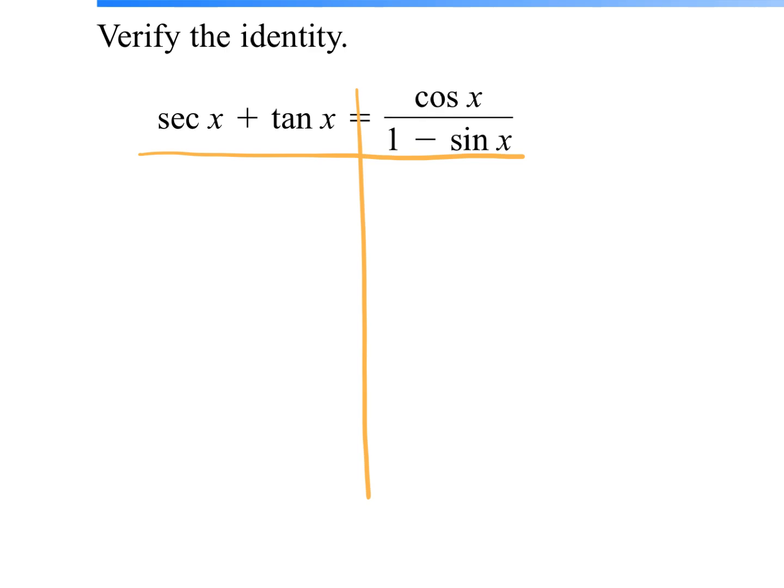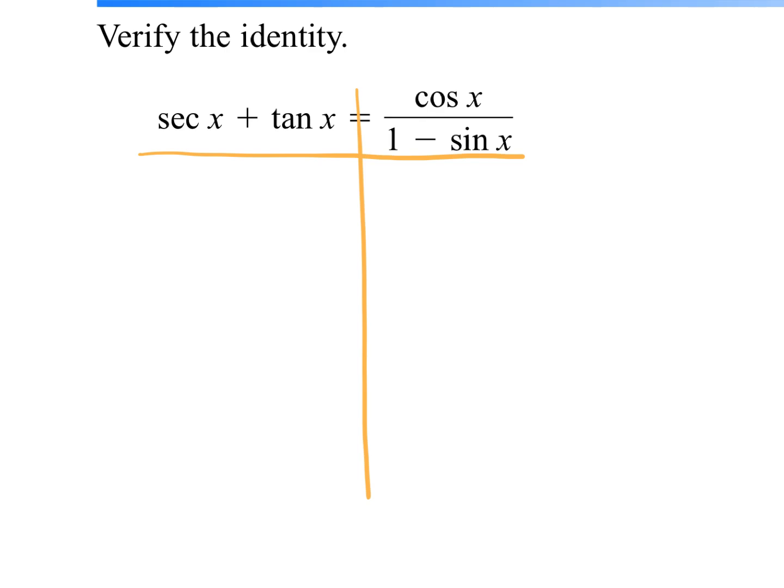I would maybe simplify the left just because on the left side we can change everything to be in terms of sine and cosine and simplify from there. So let's do the left. Again, there's more than one right way to do these questions. You can simplify the left. You'll still get the same correct answer. Your steps are just going to look a little bit different, but that's totally fine. I would say let's simplify the left side.